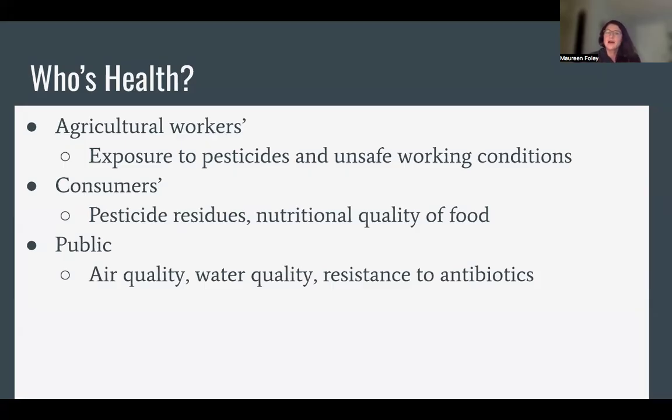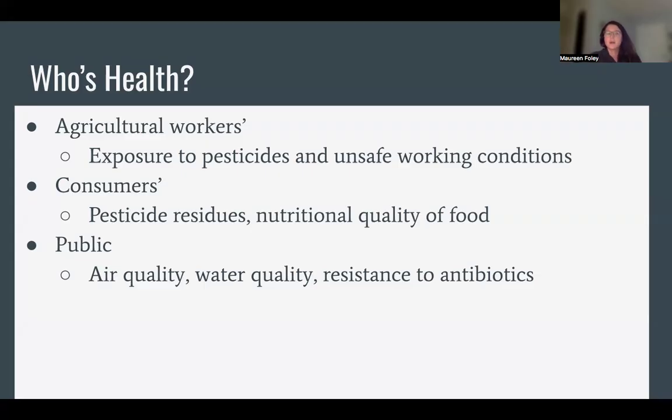So we also have the nutritional quality of food, which we know has declined since the intensification of agriculture. That food coming out of factory farms tends to be of lower nutritional quality than food grown in organic or more traditional methods.